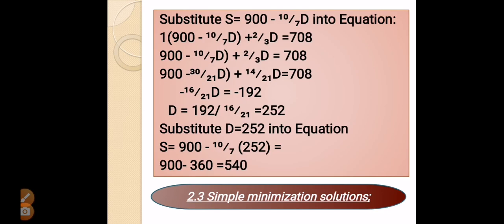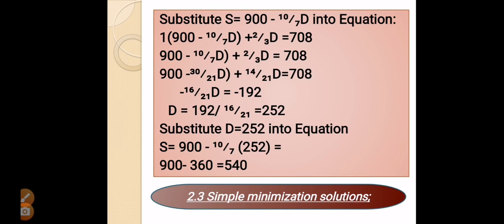So let us substitute S = 900 - 10/7 D into equation 1: 900 - 10/7 D + 2/3 D = 708. Let's just do the mathematical computation and we will derive the answer of 252 as D. To get S, substitute D into the equation.